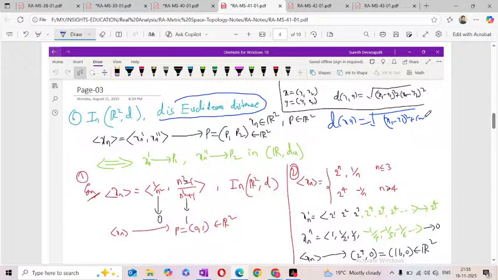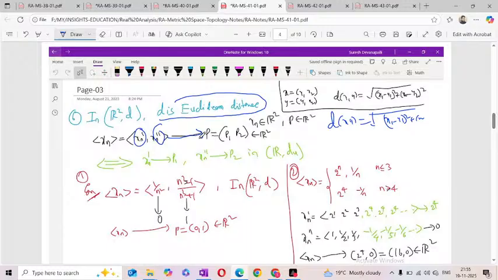Now this is our Euclidean metric. Here I am taking xn as the sequence. The sequence is two-tuples because it is in R square. So one is xn dash and the other is xn double dash.